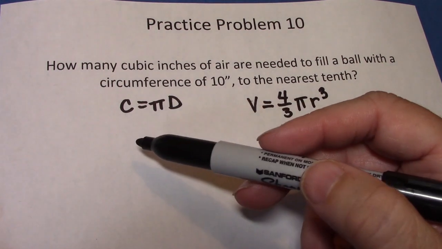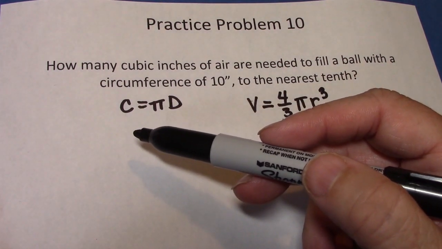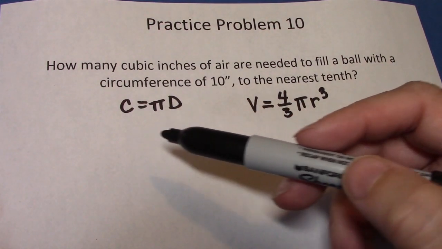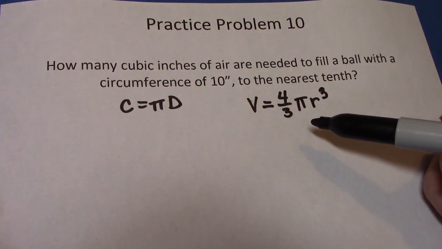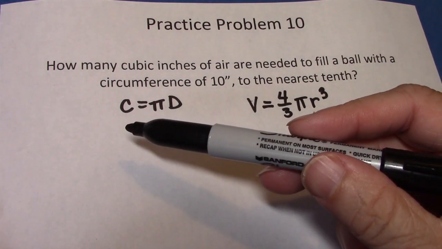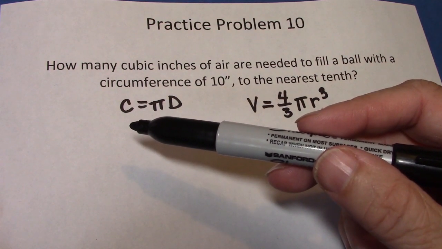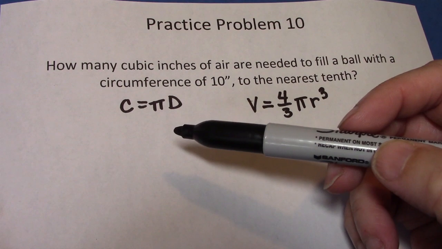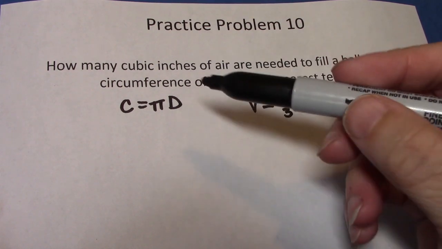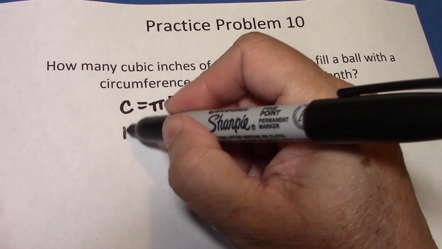Now we can also use this formula to find the radius, which is what we need. We're told only the circumference. Even though it's a sphere, remember a sphere is just a three-dimensional circle, so this formula will still work to get us the radius.